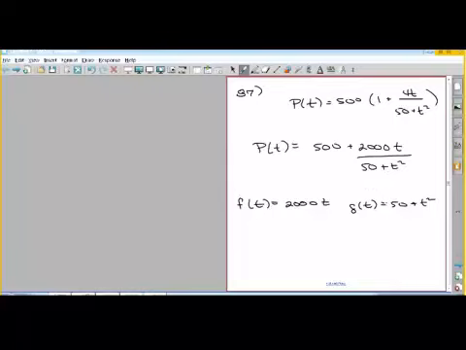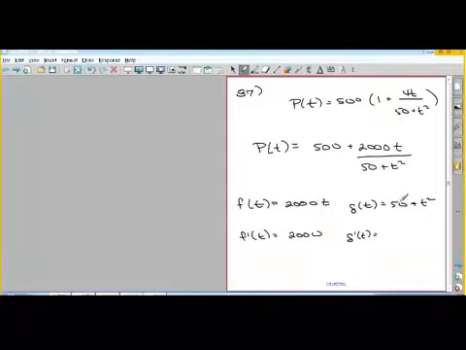Now for the quotient rule, we just have to find out what f prime of t is, which is 2,000 times the derivative of t, which is 1. For g prime of t, we have the derivative of 50, which is 0, plus the derivative of t squared, which is 2t. So let's just get rid of the 0.